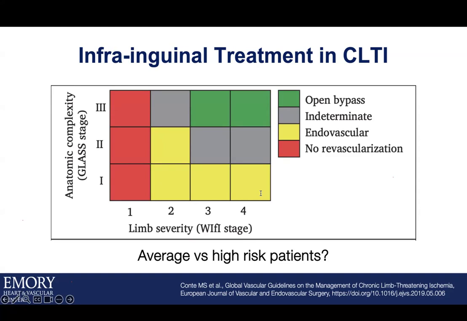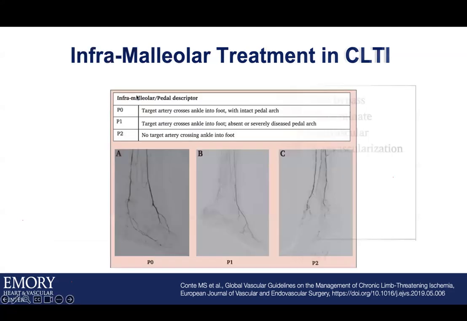High-risk patients, we tend to do more endovascular than open surgery because of the morbidity associated with surgery. And of course, a lot of these you have to do shared decision making with patients and caregivers and families before. And also, it's multidisciplinary. You have to discuss with your colleagues from surgery and from endovascular to decide what to do.